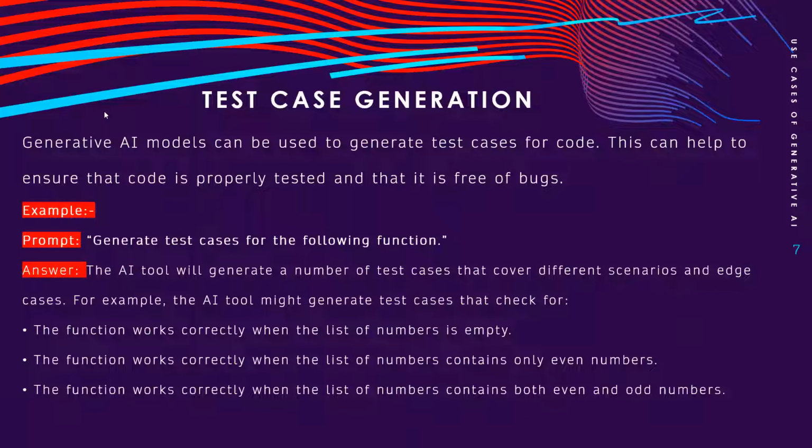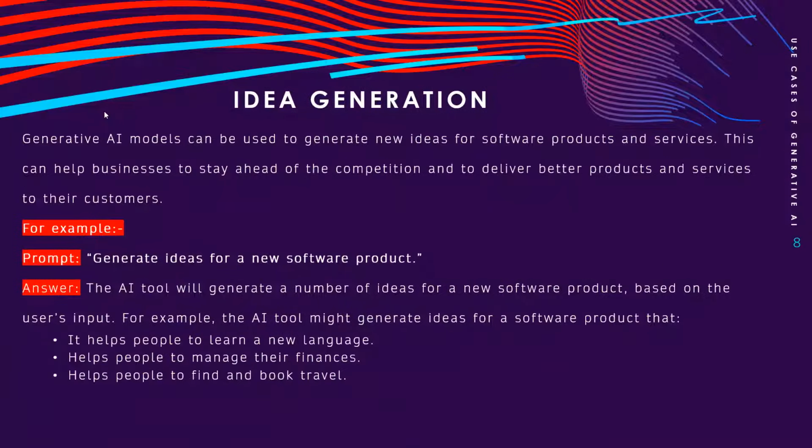In my case, the test cases generated for my function are: the function works correctly when the list of numbers is empty; the function should work correctly when the list of numbers contains only even numbers; the function should work correctly when the list of numbers contains both even and odd numbers. So this is how test case generation can be done by using OpenAI.